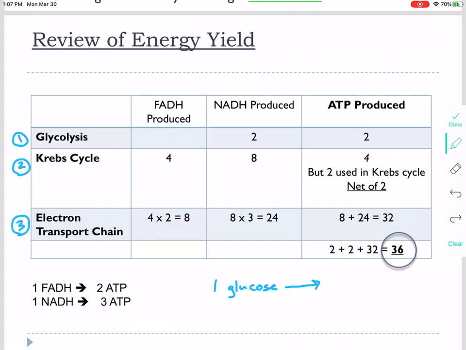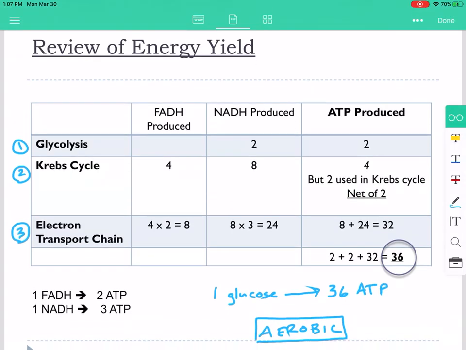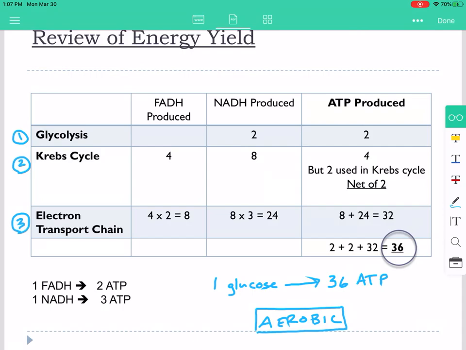Because remember, quick energy is only going to give us a couple ATP, and this will become clearer later. But if we're doing aerobic respiration, because we're going to find out that cellular respiration requires oxygen, at least the last 2 phases, for 1 glucose, I can produce a net yield of 36 ATP.